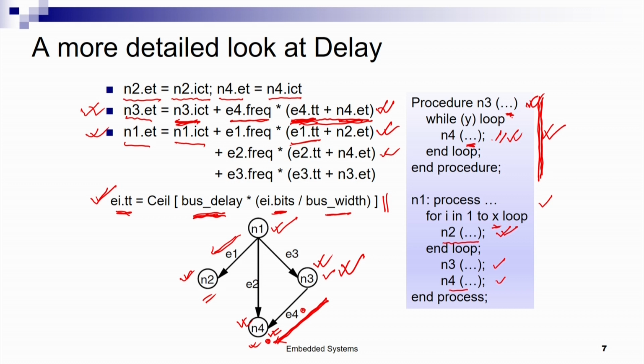Okay. And we also have different amounts of ICT, that is the internal computation time, for hardware implementation and software implementation. Now, let us say software based implementation always has lower performance than hardware based implementation.